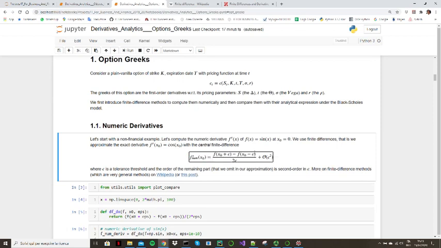So you evaluate the function at two near points, one slightly above and the other slightly below your central point, divided by the distance between these two points, 2 epsilon.